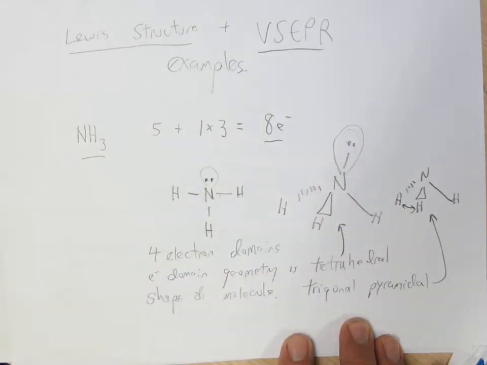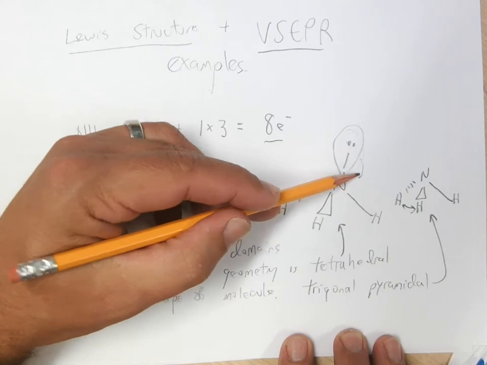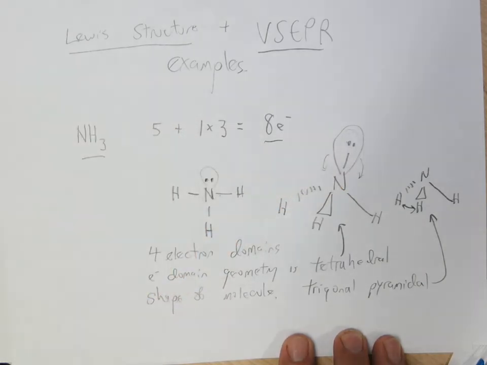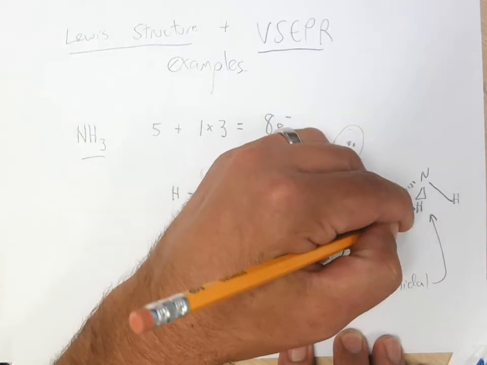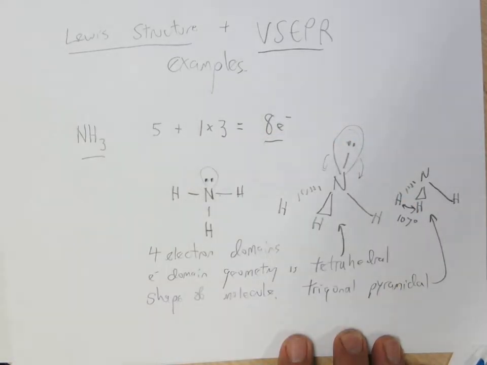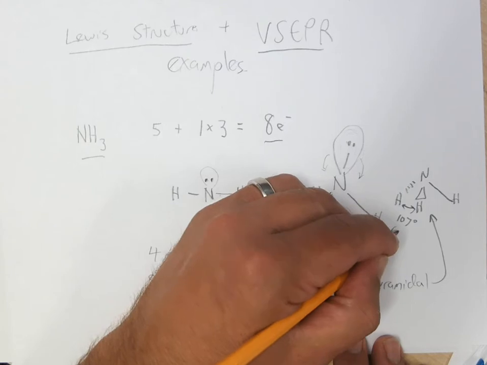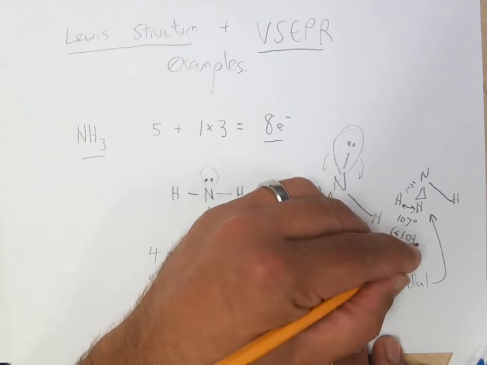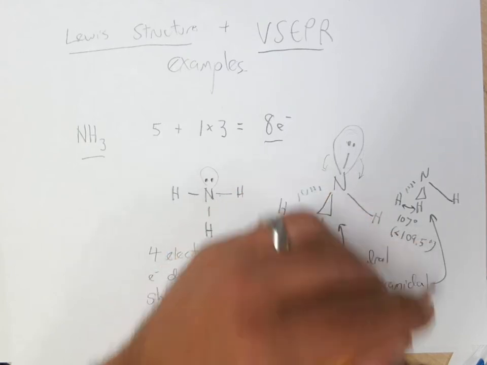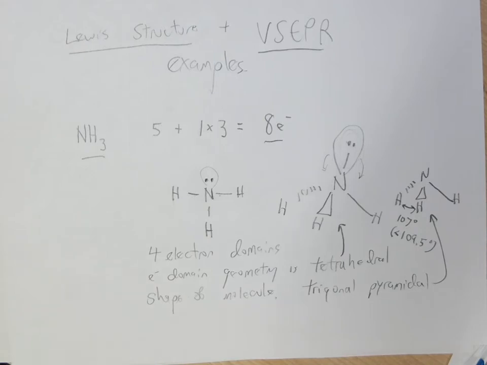The lone pair is a little more repulsive than the bonding pairs, so this lone pair is pushing the hydrogens a little closer together than they would be in a perfect tetrahedron. You actually see a 107-degree angle there. What most people will put as an answer for that is less than 109.5 degrees, because the lone pair is pushing the hydrogens a little more together, but we generally don't really know how much unless we memorize some bond angles.